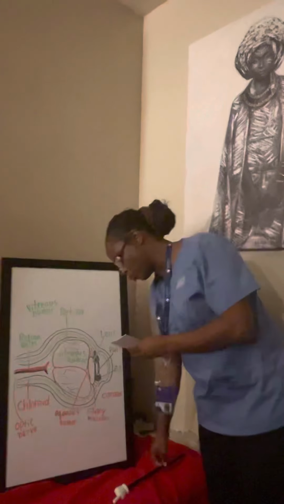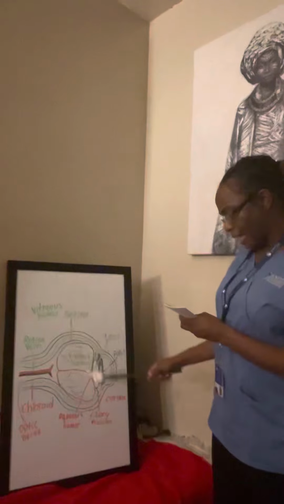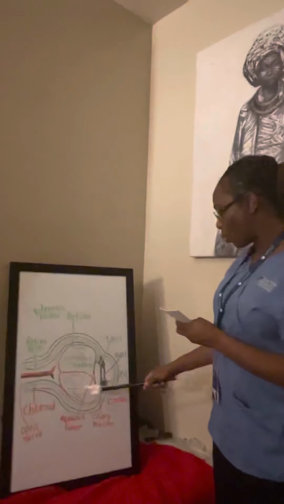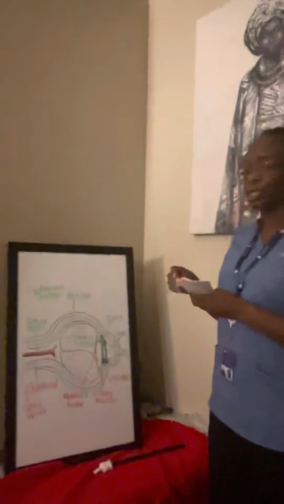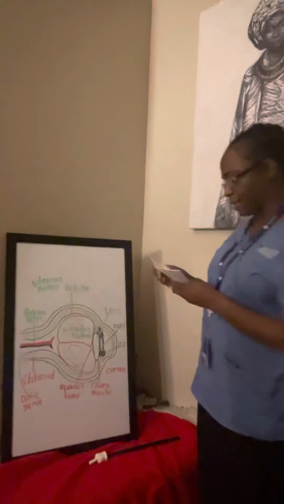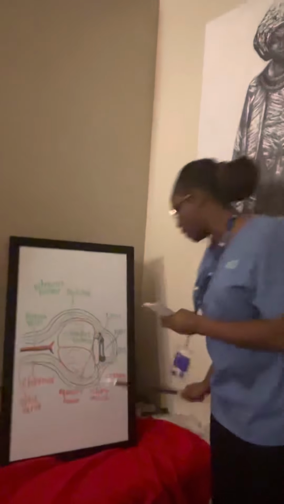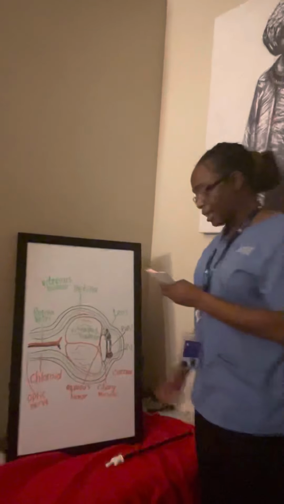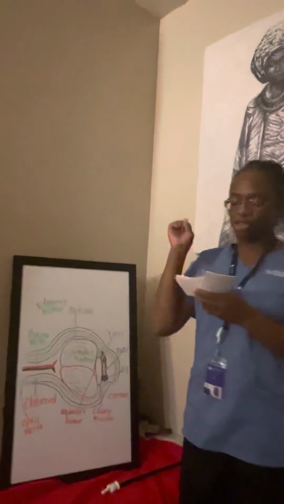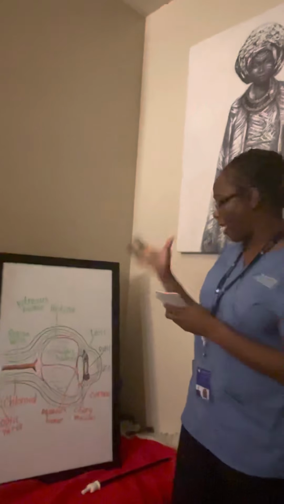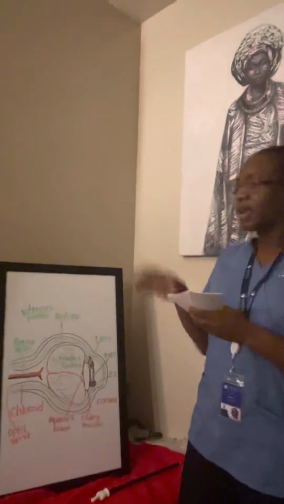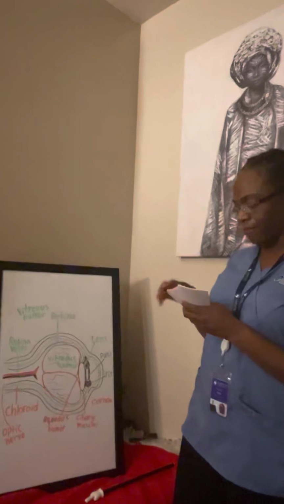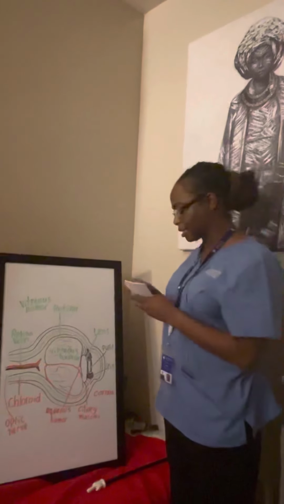In the space between the retina and the lens, we have the vitreous humor, which is more of a jelly-like substance that maintains the shape of the eye. Then the ciliary muscles are very important because they can change the structure of the eye. If objects come really close, the ciliary muscles have to bend more. If objects are further away, they bend less.